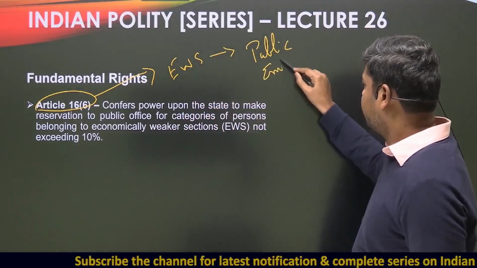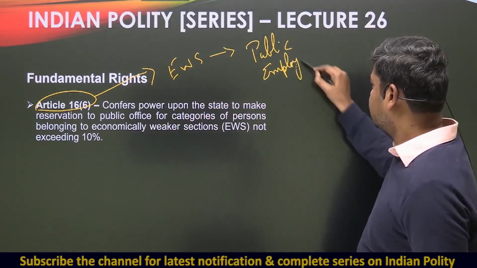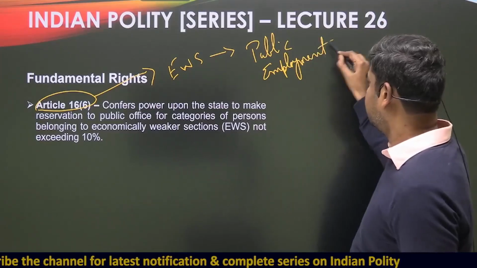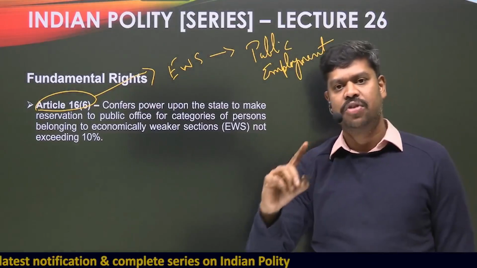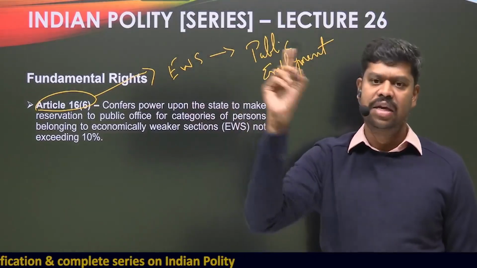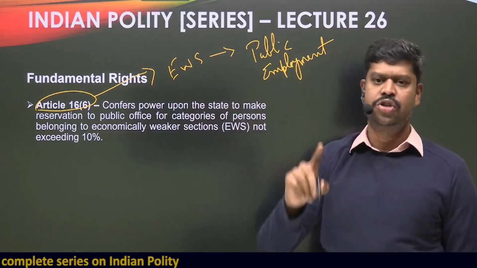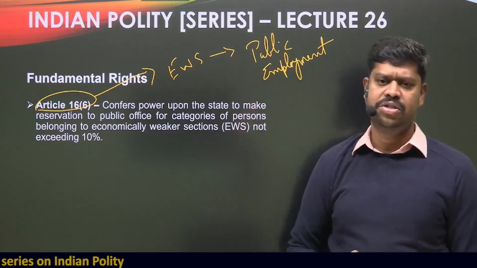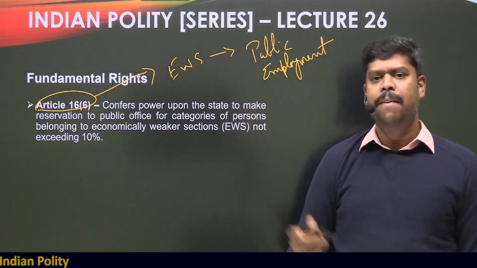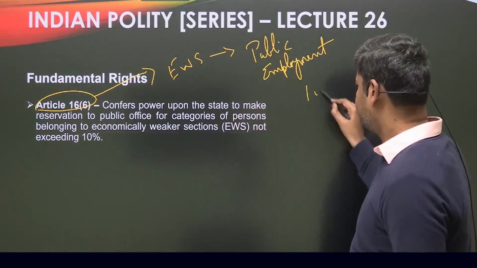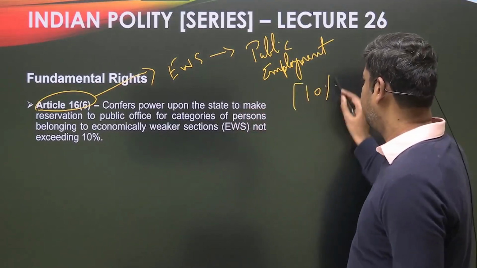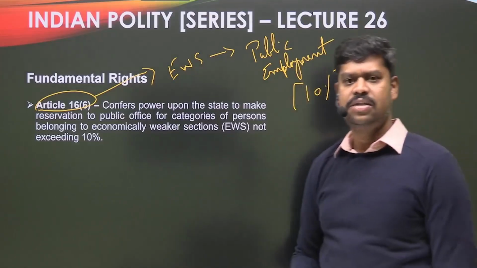So what is the difference between Article 15 Clause 6 and Article 16 Clause 6? Well, Article 15 Clause 6 gives reservation for the EWS community in governmental educational institutions, or for that matter private educational institutions also. Whereas Article 16 Clause 6 provides up to 10% reservation for the EWS community in public employment, that is in the central and the state government jobs.